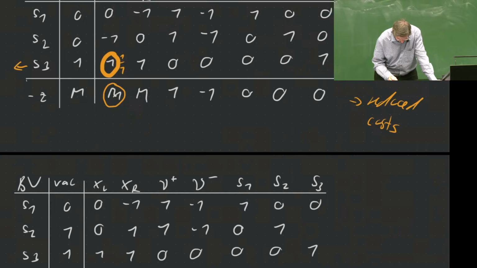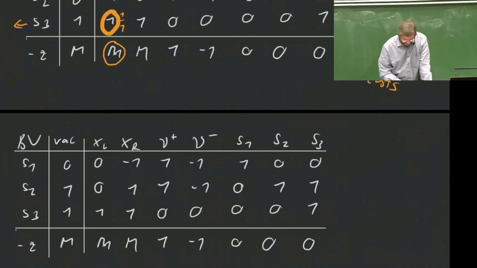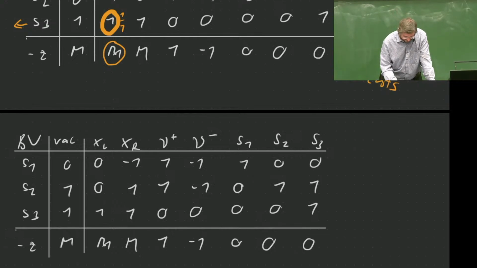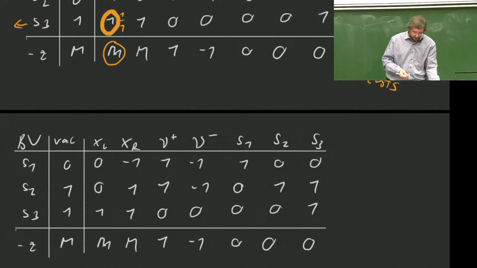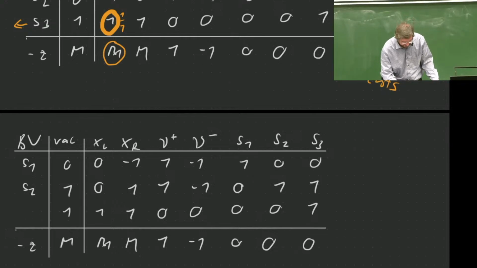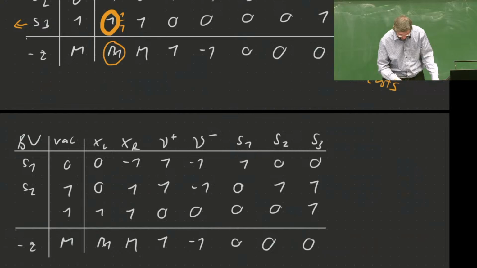We get the 1 here, and we get a 1 here. I hope that's all correct. Then for the row that contains the pivot, all we have to do here is change that entry here on the left. So that is not S3 anymore. Instead, that is now going to be XL.